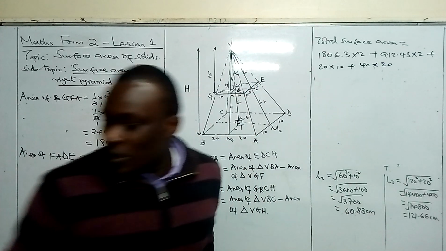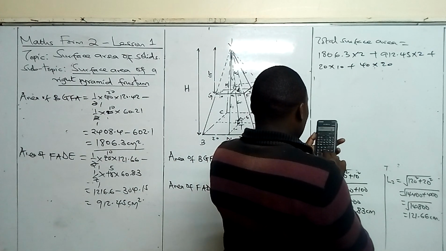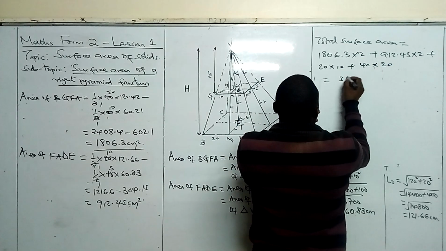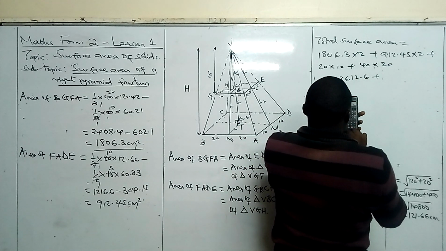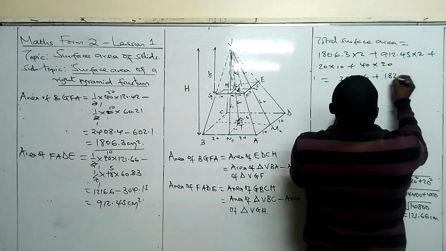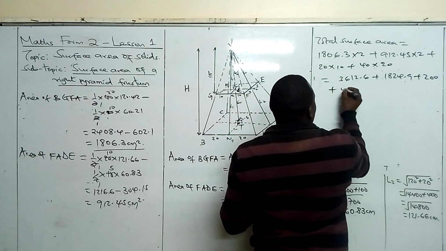So now, using our calculator, we will obtain 1806.3 times 2, which is 3612.6. We add 912.45 times 2, which gives 1824.9, plus 200, then plus 800.